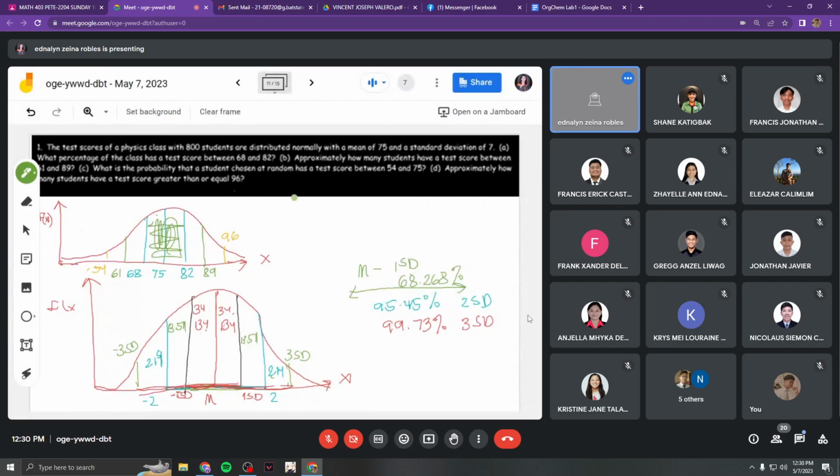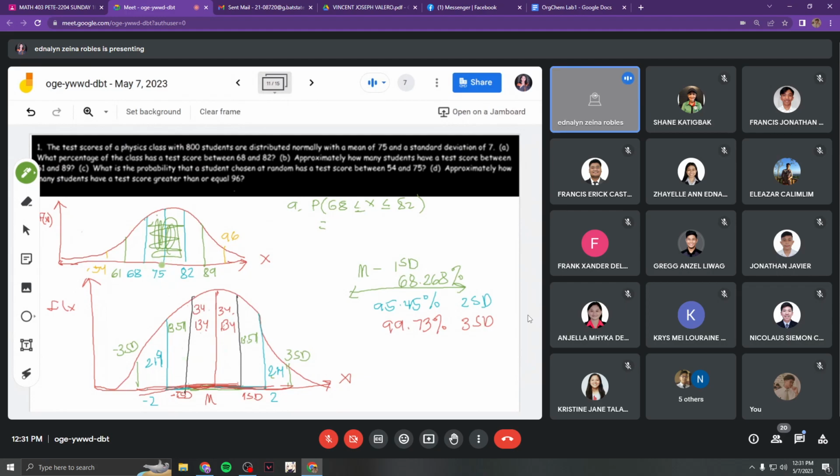So from the given numbers below, what percentage of the class has a test score between 68 and 82?